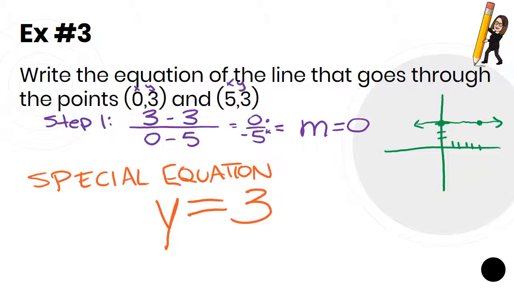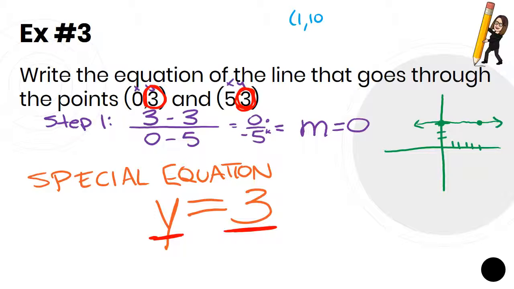Here's the pattern, guys. Here's your hint that you can use as a shortcut. Look at your y values here. Same y values at 3. Notice that pattern. Let me do a quick side example.